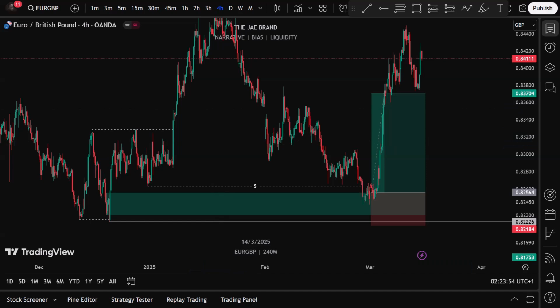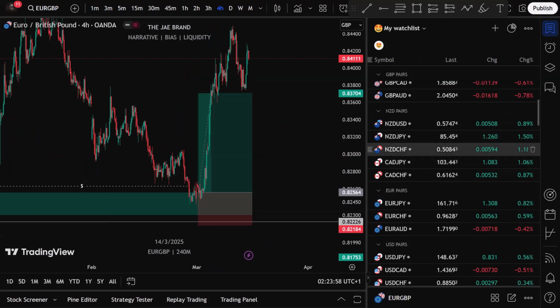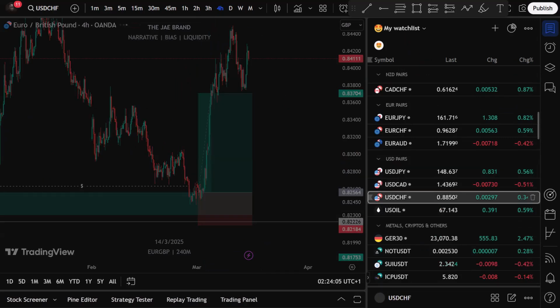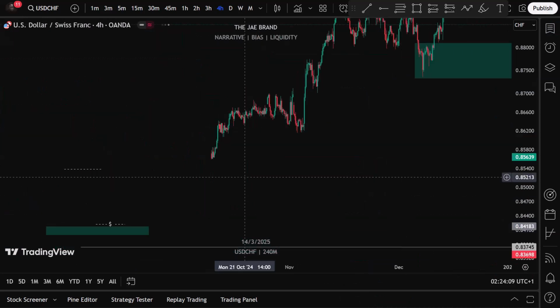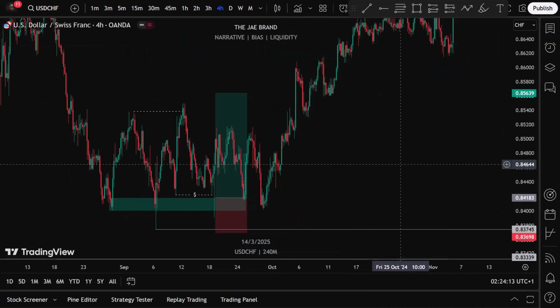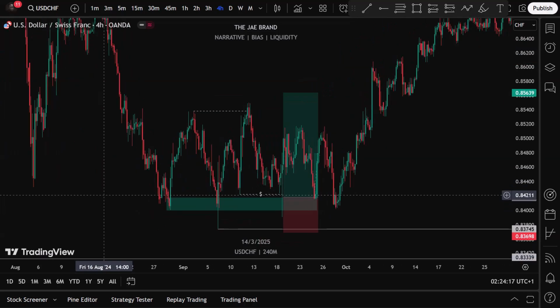Now let me show us another example of a trade I took on USD CHF some time ago. I had all of this. So the same thing, keeping it simple, because this is what really works.